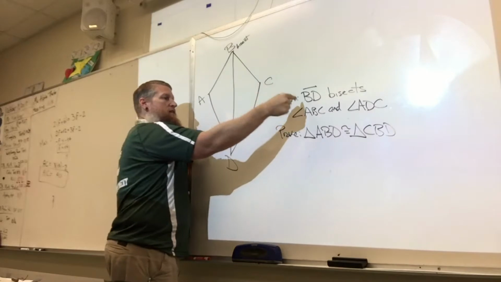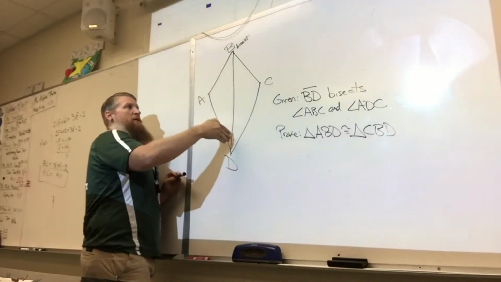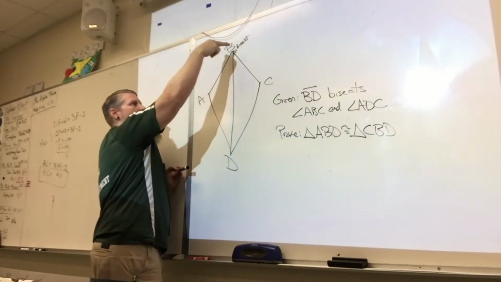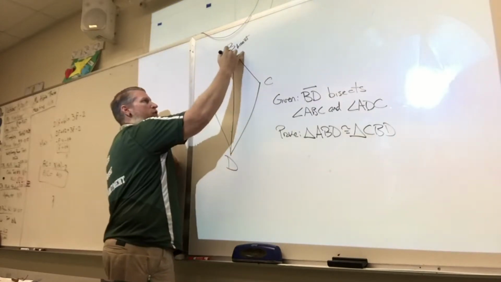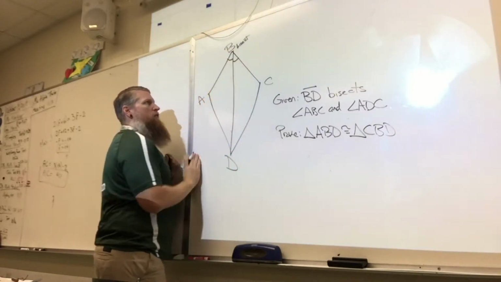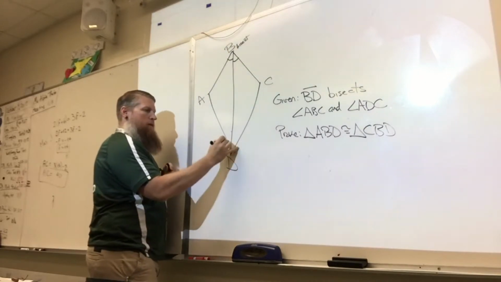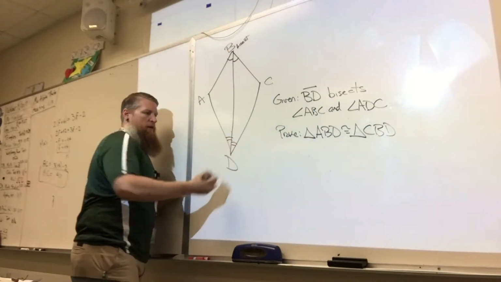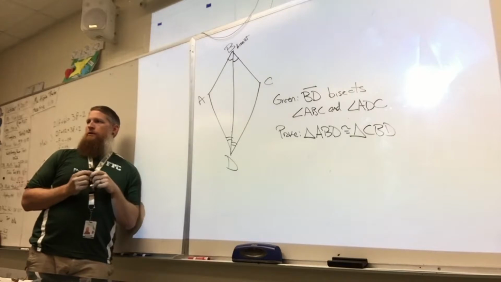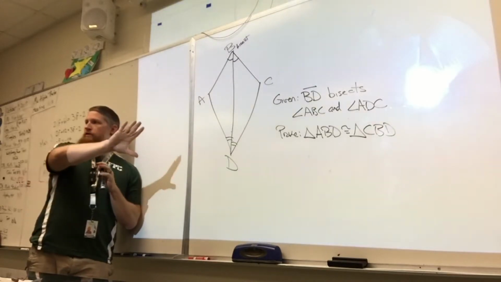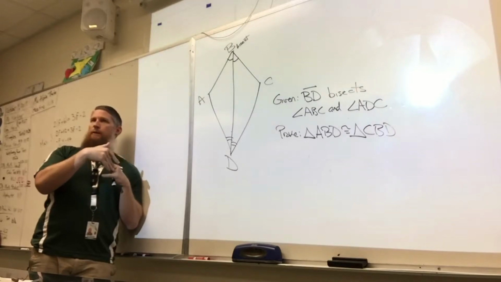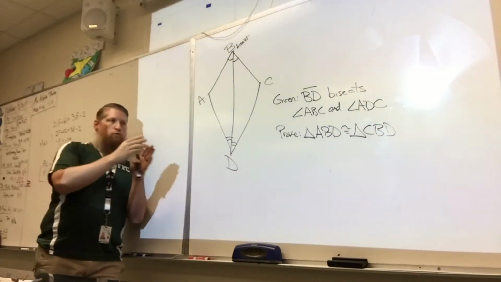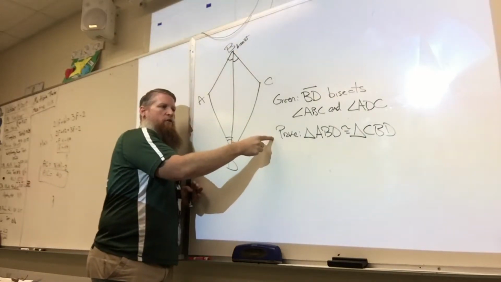Okay, now look, since this segment in here is splitting this angle in half, ABC, and it's splitting that one in half, you're going to get that angle cut into 2 equal parts. You're going to get that one cut into 2 equal parts. Okay? Now, with a problem like this, if you were writing this from scratch, there are people that get the reason these two are congruent.